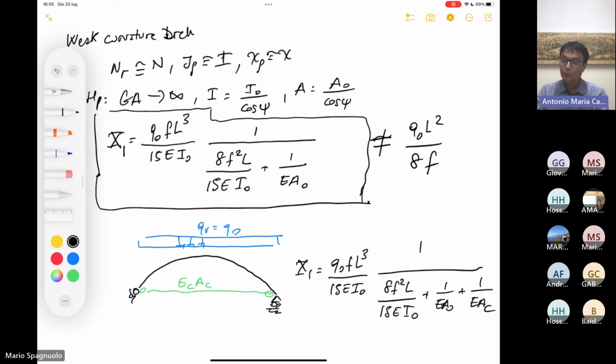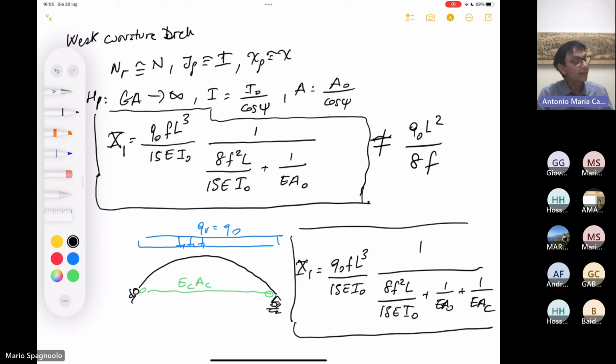So what can we do now? We can correct the axis line if we apply a shortening to the chain, such that delta C is equal to minus the value of the thrust times 1 over EA0 plus 1 over EAC.